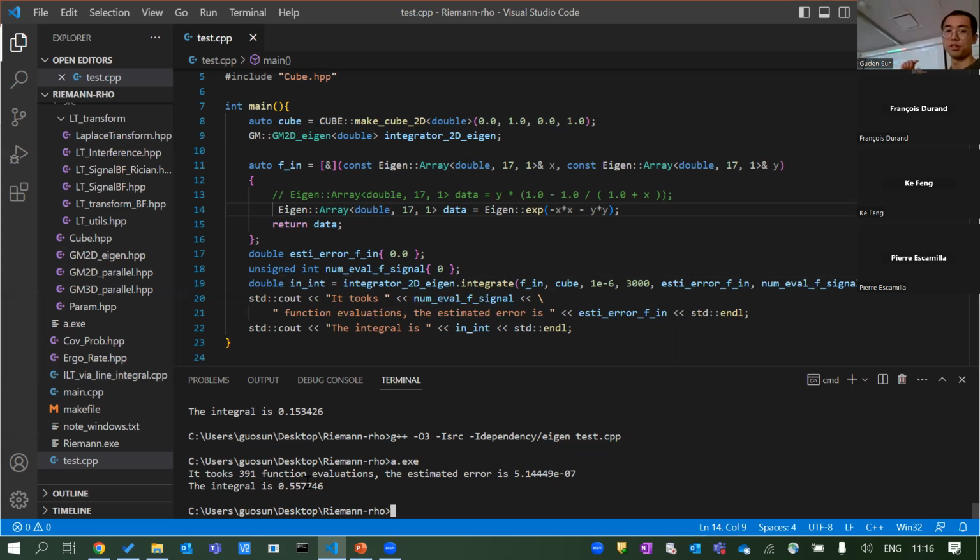This is a very pessimistic bound given here. So for example, you say it's 7th order error, but the real error can be as small as 10 to the minus 15th order.